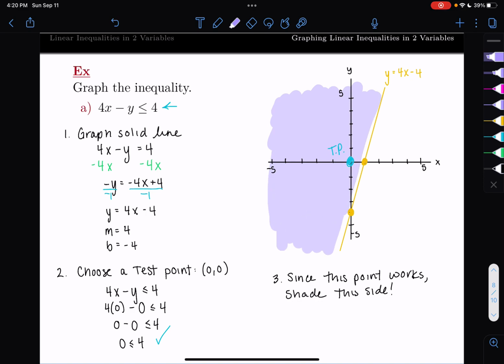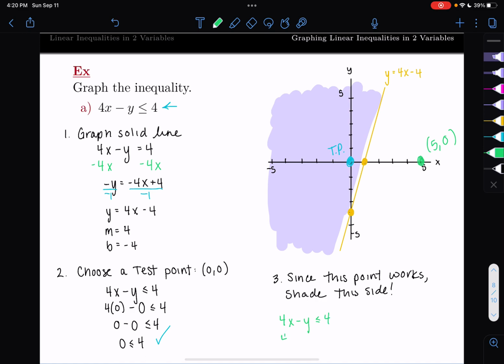If you picked a different test point on this side, you would still find out that it works. Let me show you what happens if I picked this point, 5, 0, as a test point, and plug that into the inequality.